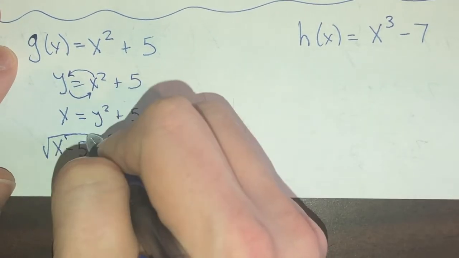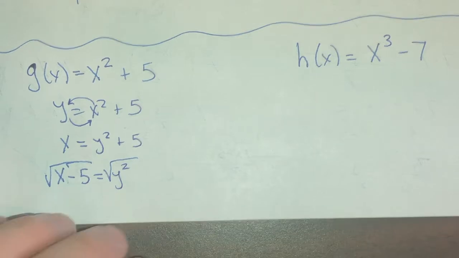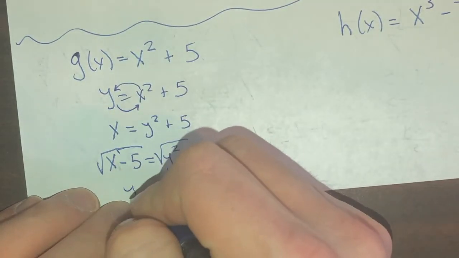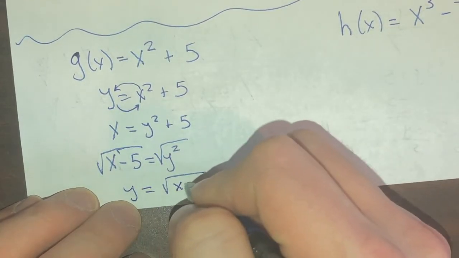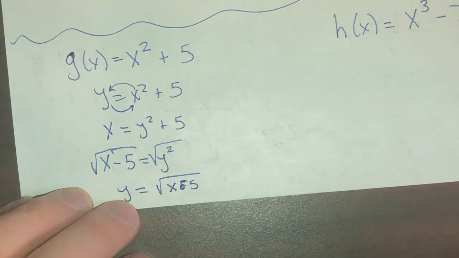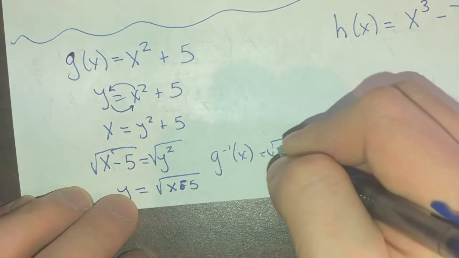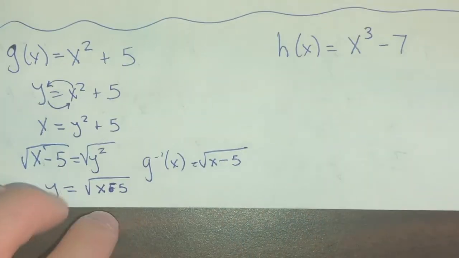So if I put a plus or minus in front of here, that's no good, because that means I'm getting two outputs for one input. So I get y equals root of x minus 5. And so therefore g inverse of x equals root of x minus 5.